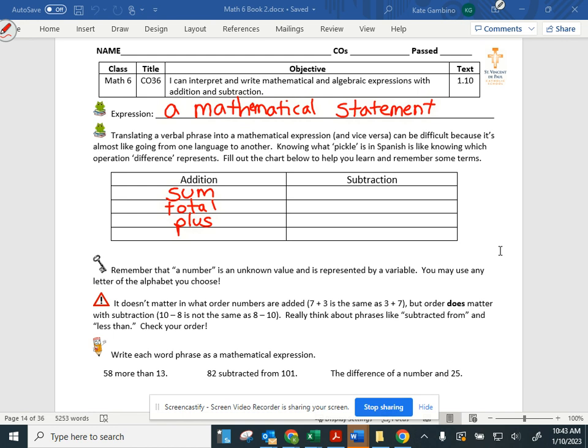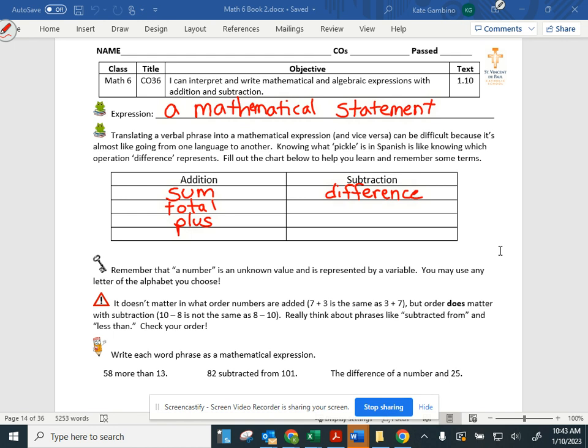For subtraction, you might see the difference. So we saw that when we were looking at our last objective, with the difference of the values, we knew we had to subtract. I had a couple people come up and say, I wrote down the formula. It says difference of values. What does that mean that I do?